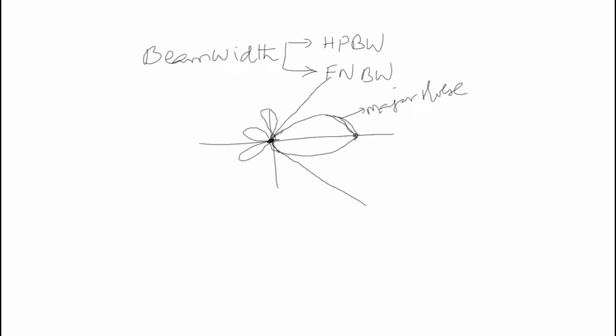Let us represent the half power beam width with red color. The half power beam width is the angular width measured on the major lobe between two half power points, P1 and P2.